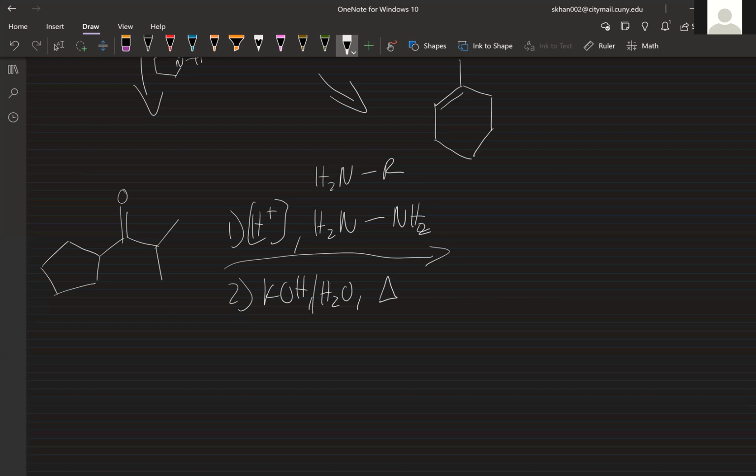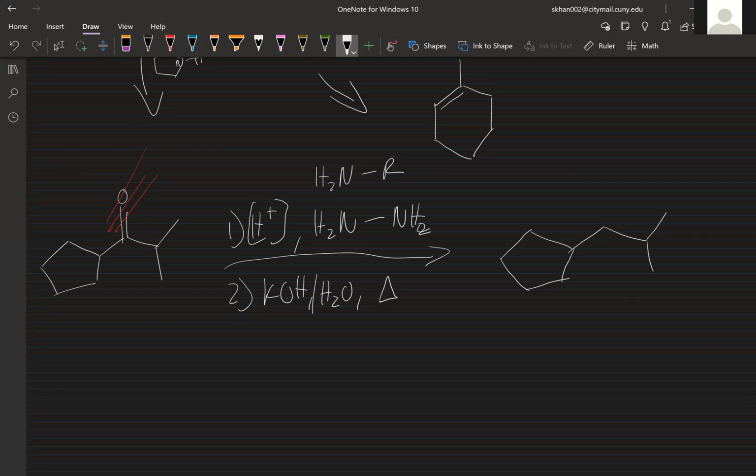So really this whole process literally just chops this carbonyl off, and your final product, which I will give you since that will help in terms of a mechanism, is just going to be this. So it's great if you have a carbonyl and you want to turn it into an alkyl group.